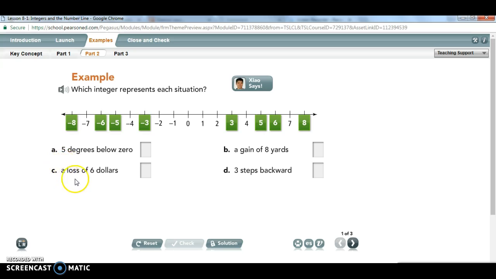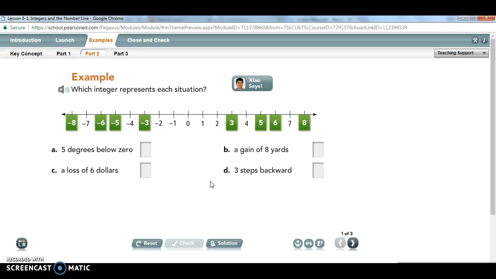Typically that goes with negative numbers. A gain of 8 yards. If you're gaining something, that's usually a positive thing. And if you take 3 steps backwards, you're going in a negative direction.